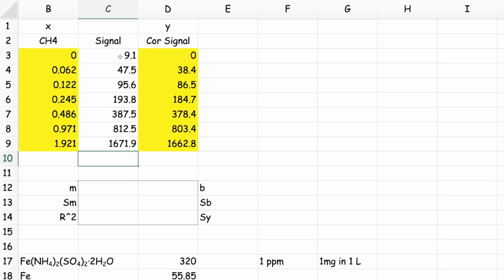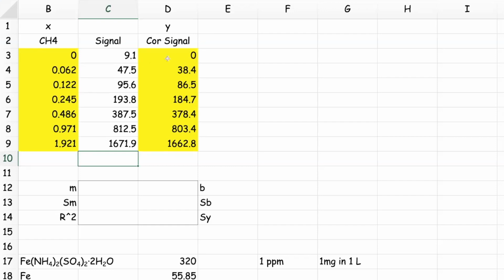So right here, they're subtracting the baseline 9.1, which is the residual signal when no CH4 is present. So you have to subtract 9.1 from each one of these readings, and that would be the corrected signal.